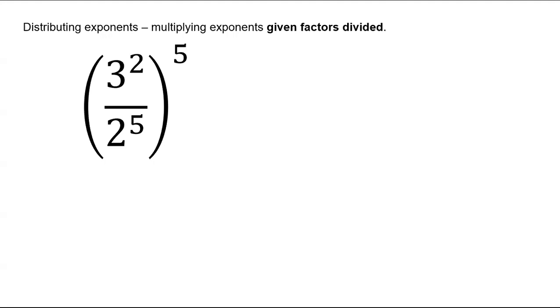So I'm going to multiply the 2 in the numerator with the 5 outside, and take the same 5 multiplied with the 5 in the denominator. So you just multiply the exponents.